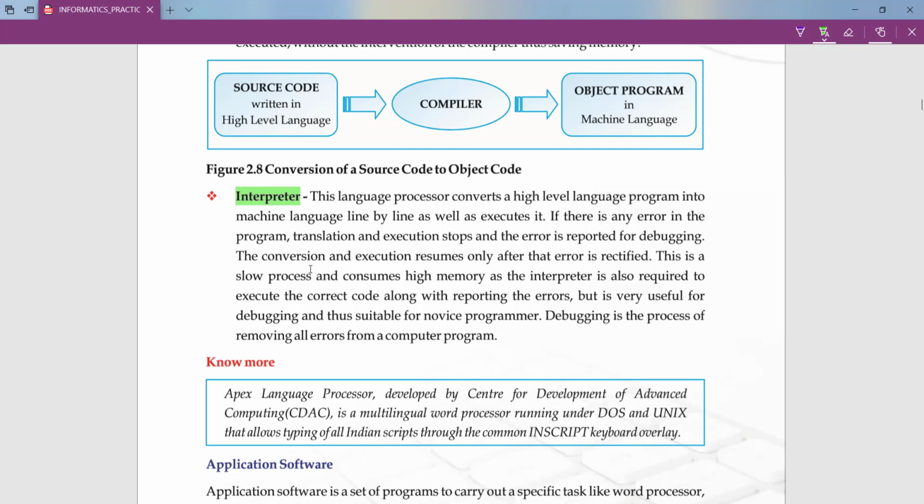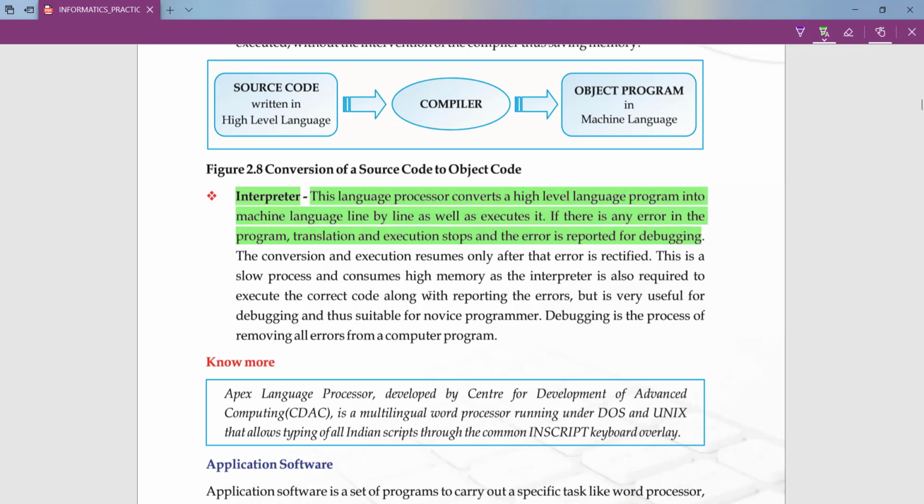So the interpreter compiles your program line by line, but it does the same thing: it converts the high level language into the low level language, or machine language. This language processor converts a high level language program into machine language line by line, as well as executing it. If there is any error in the program, translation and execution stops and the error is reported for debugging.